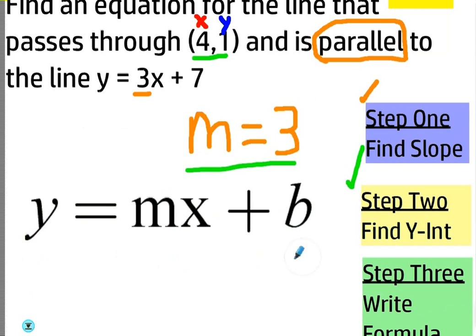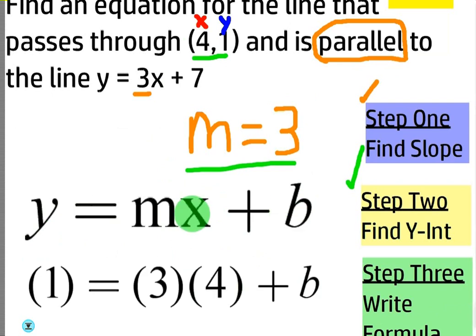What are you going to replace with m? 3. That's what you figured out with the parallel line information. And what are you going to replace with x? 4. So remember, in math, you can always solve for an unknown variable if you know everything but that variable. So we'll have a bunch of numbers on the left, and then we can figure out b.